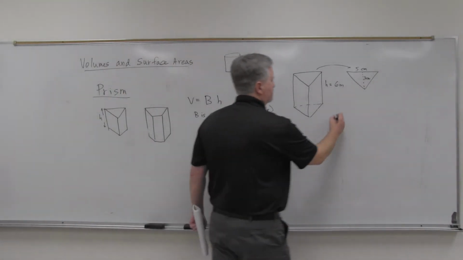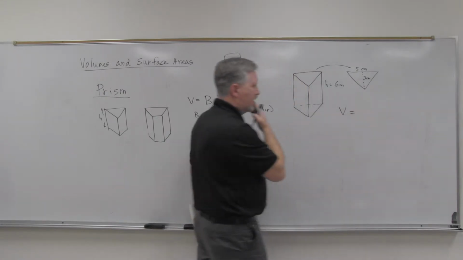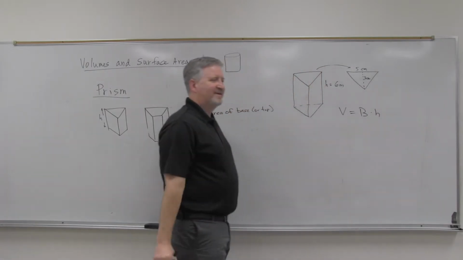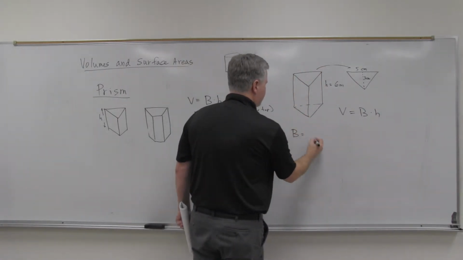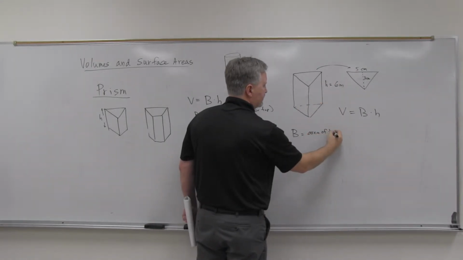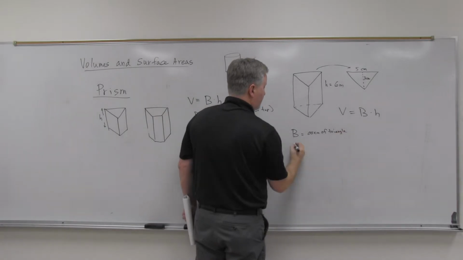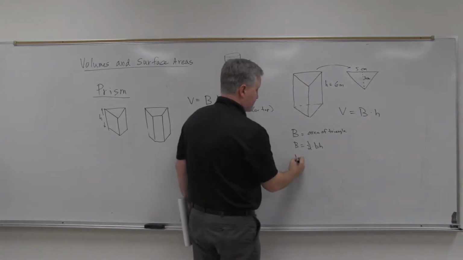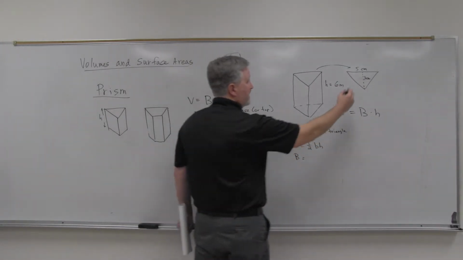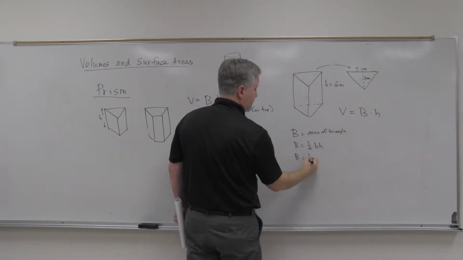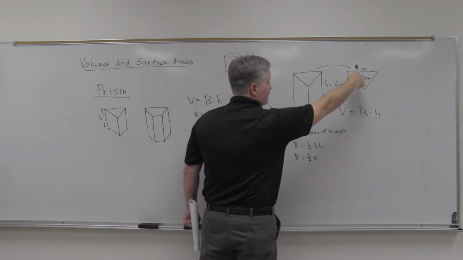So what's the volume? Well, it's big B times H. It's a prism. But how do we get big B? Well, big B is the area of a triangle. So that would be 1/2 times the base of the triangle times the height of the triangle, which in this particular case, that's why I drew it out here, is a 5 centimeter base, and then the height is 3 centimeters.